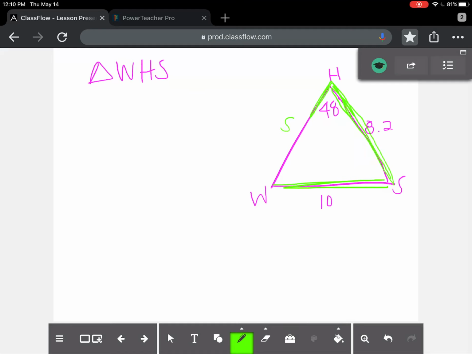All right, so we're going to solve this the same kind of way. We're going to use law of sine. You don't have to think about any weird things going on, just use law of sine like normal.